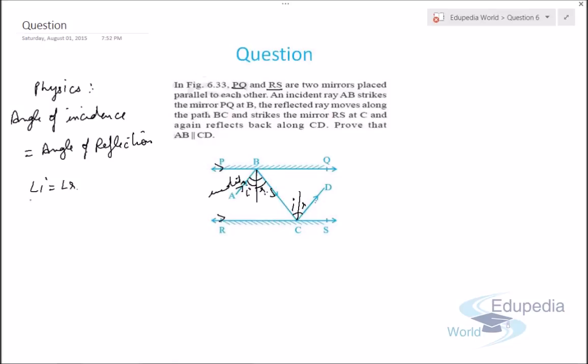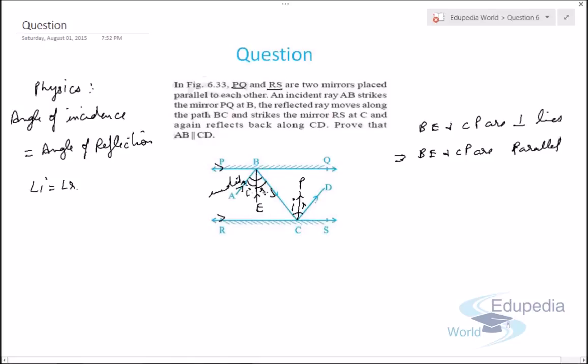So let's see how we can write this. Very clearly, these two lines are normal lines, meaning they are perpendicular lines. Let BE and CP be the perpendicular lines. So this means these lines are parallel. This implies BE and CP are parallel.